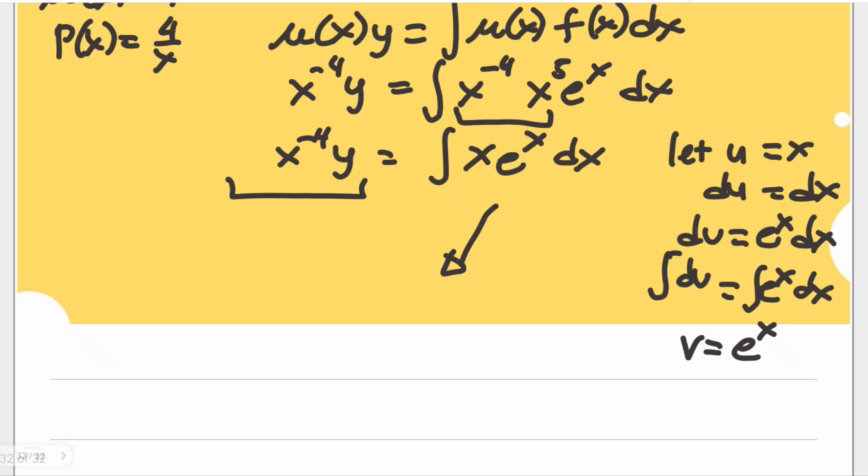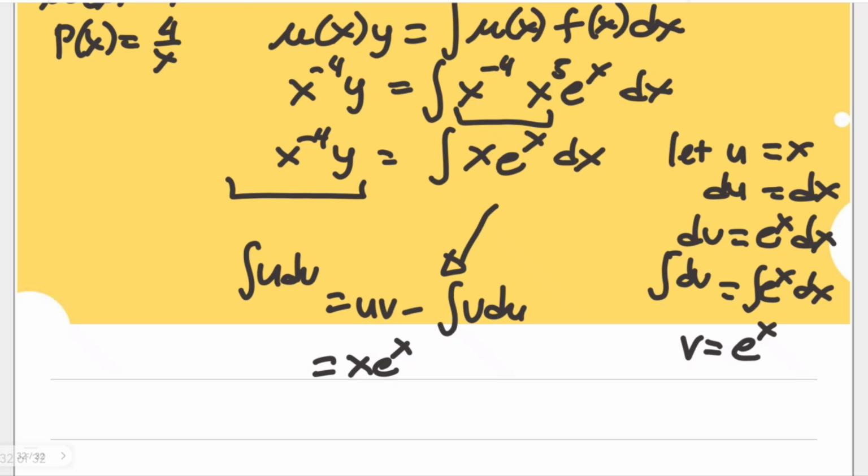The integral of u dv is equal to u v minus the integral of v du. So your u here is x, your v is e to the power of x, minus the integral of v, which is e to the power of x, times du, which is dx.